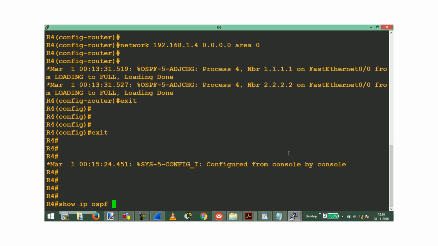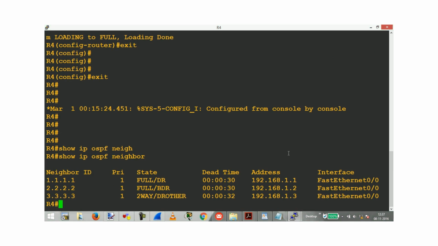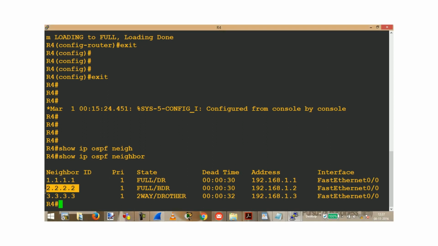To see that, show ip ospf neighbor, and then you can see that R4 says one of my neighbors has router ID 1.1.1.1, another router which is my neighbor has router ID 2.2.2.2, and the third one is 3.3.3.3. All of those neighbors have priority 1 on their interfaces.